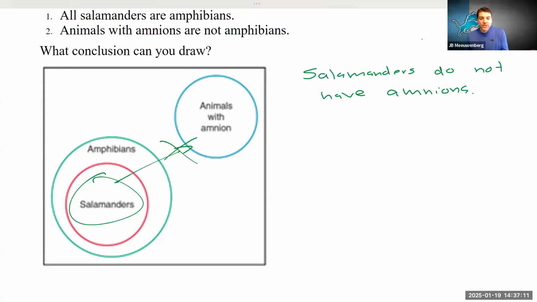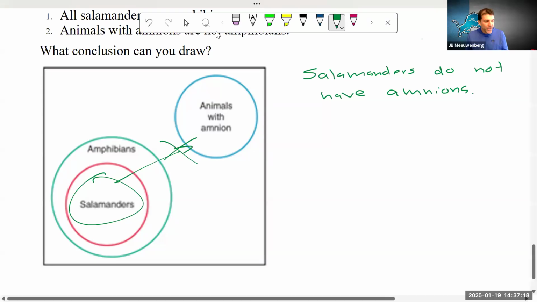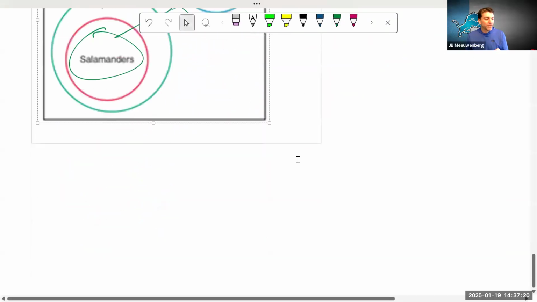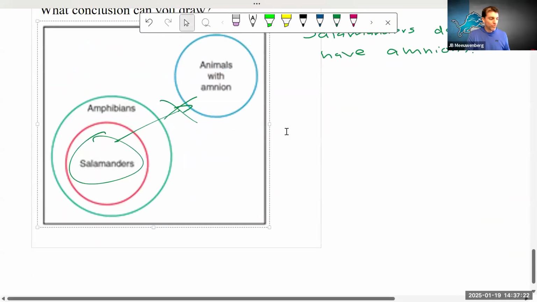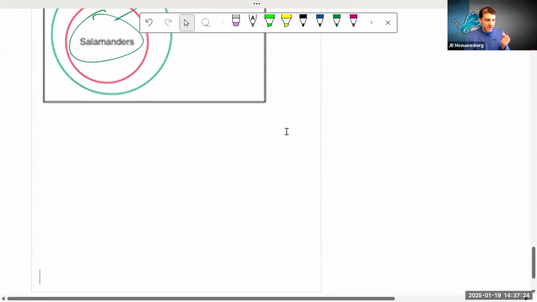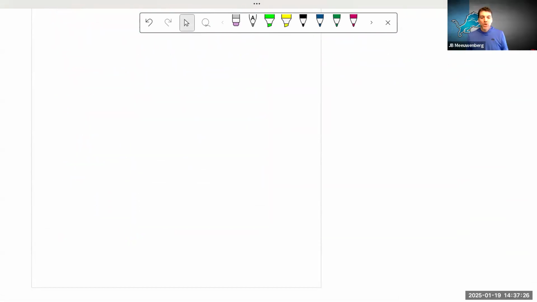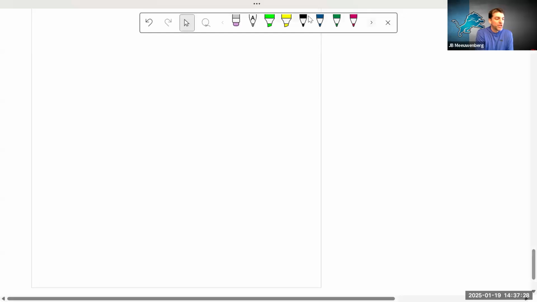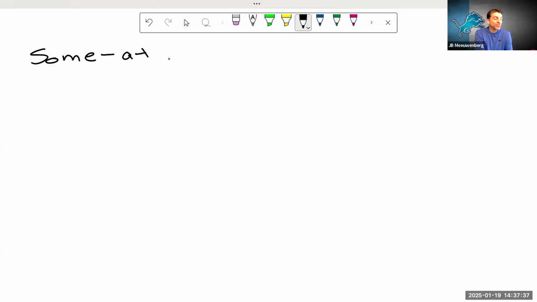Now, the language that we use in deductive reasoning, in the premises and the conclusions that we draw, is very important. We have to understand this really carefully and be really cautious with certain words. So let's talk about the word some. S-O-M-E. When we use the word some, that means at least one.